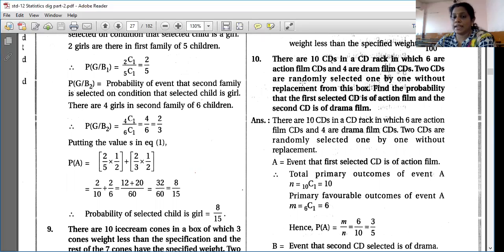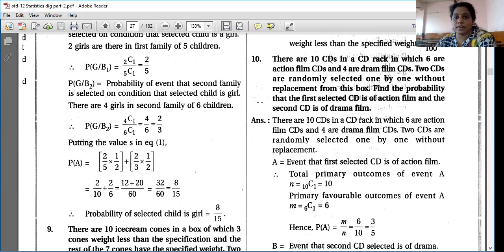Two CDs are randomly selected one by one without replacement, from this box. Find the probability that the first selected CD is of action film and the second CD is of drama film. One by one without replacement means selected numbers cannot be used. Means to first n what will it be?